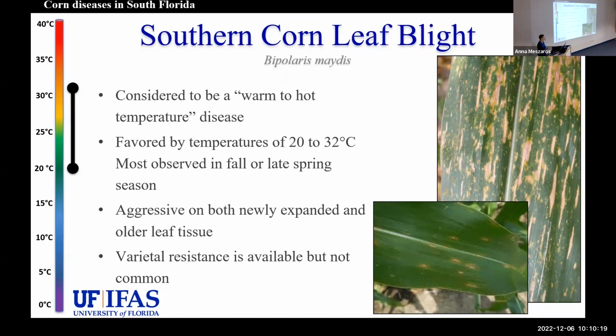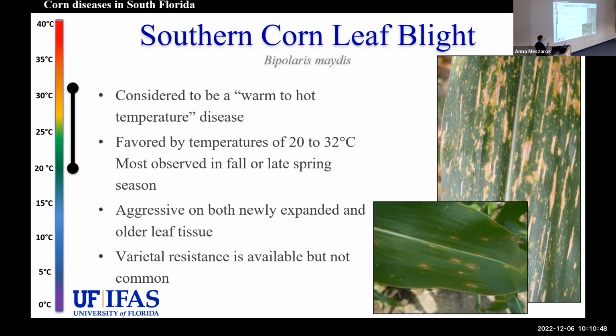And also this disease is aggressive on both newly expanded leaves and also older leaves. So it kind of differentiates it from the northern corn leaf blight. And the symptoms also are totally different. So if you see those pictures, those are tiny little lesions on the leaf surface. And there's another disease, the northern corn leaf spot, that's similar to this one.